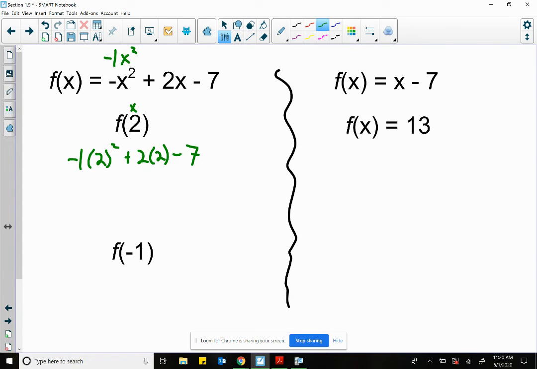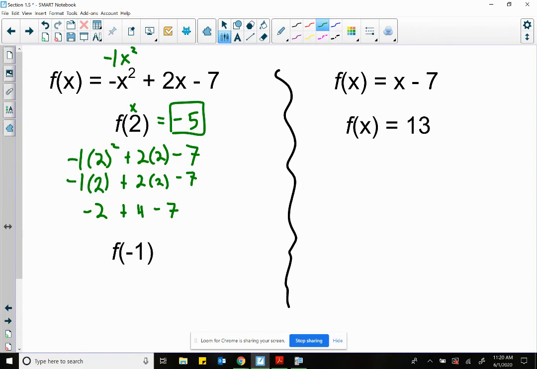So 2 squared is 4. And then negative 1 times 4 is negative 4. 2 times 2 is 4 minus 7. Okay? So negative 4 plus 4 is 0. 0 minus 7 is negative 7.